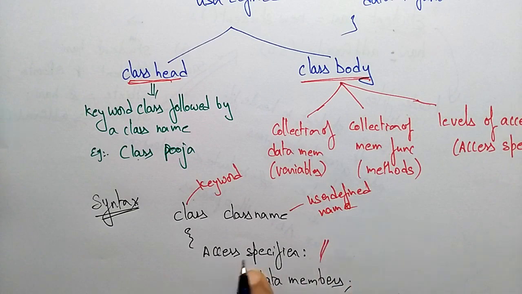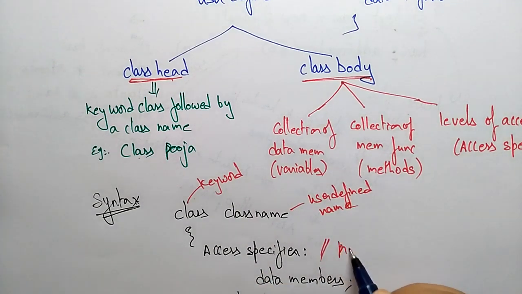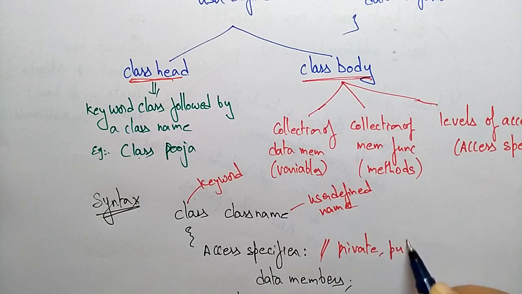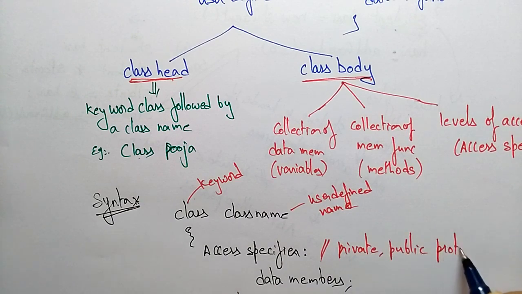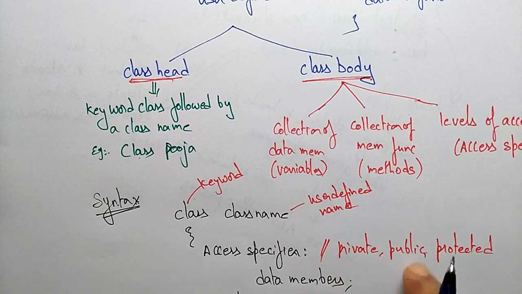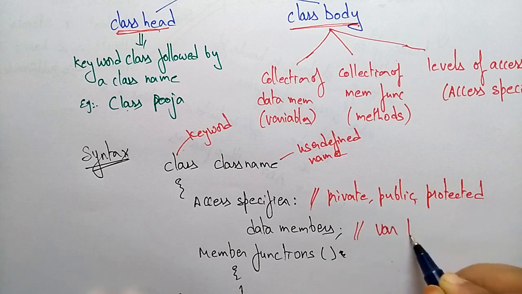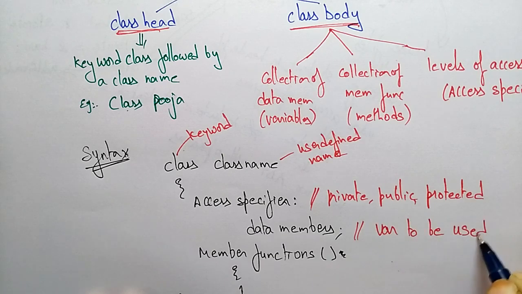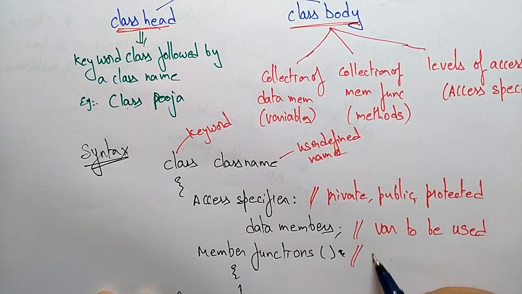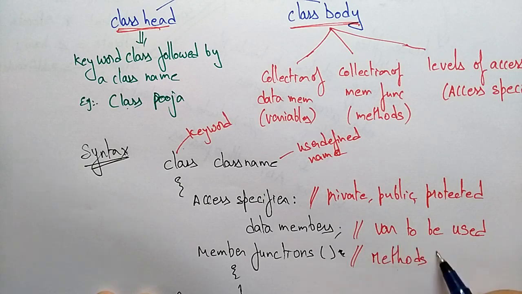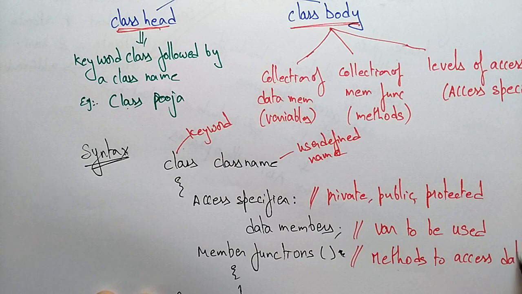Coming to the access specifiers, these may be private, public, protected. Coming to the data members, they are nothing but the variables to be used. Now coming to the member functions, they are nothing but the methods to access the data members.